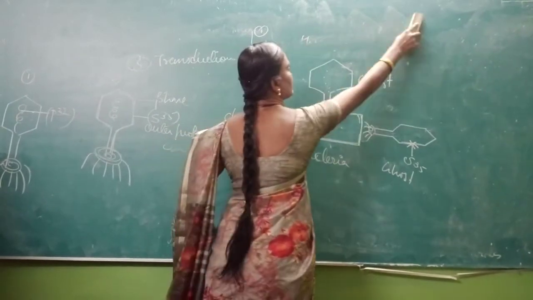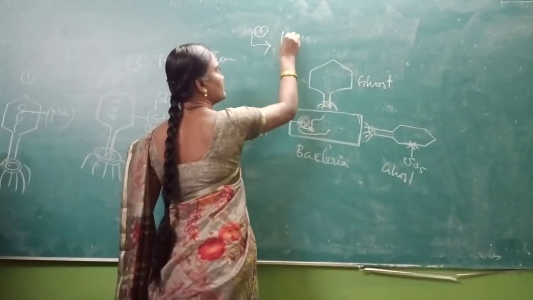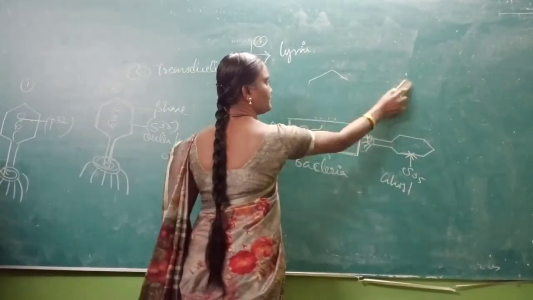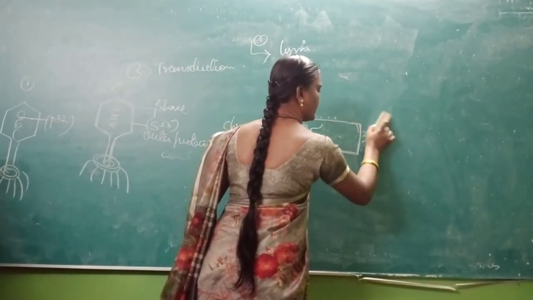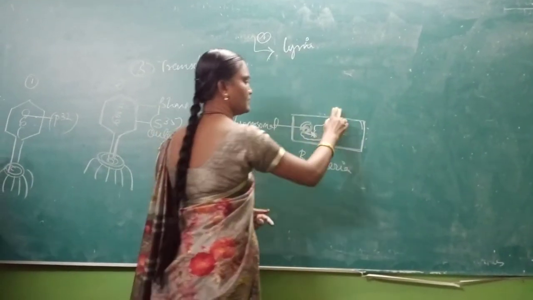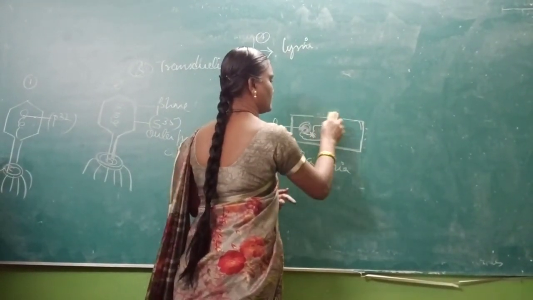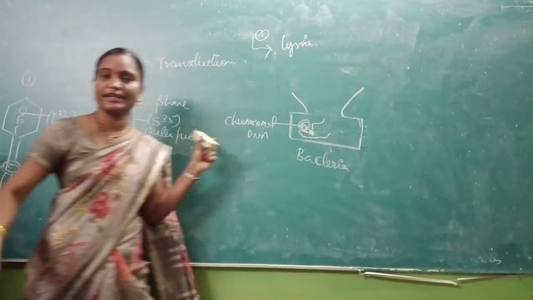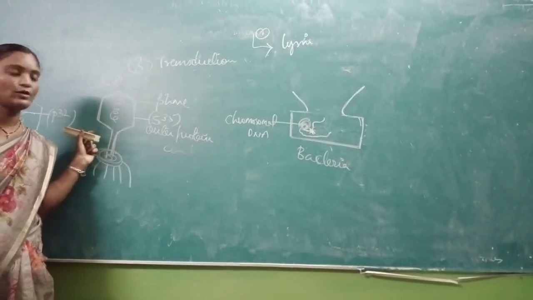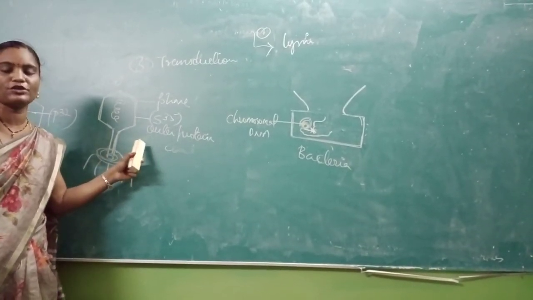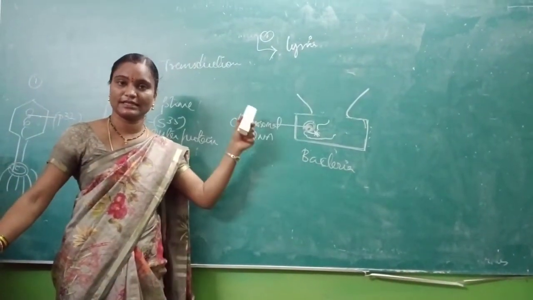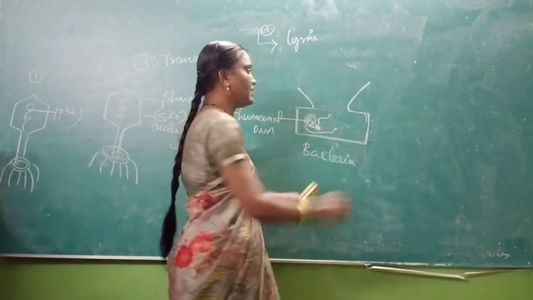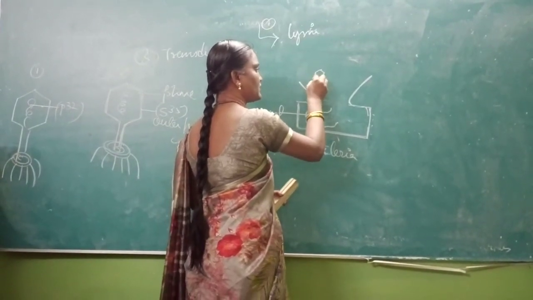Next, lysis. Next in the lysis step, what happens? The phage 1 DNA molecule, the radiolabeled DNA molecule, and the phage 2 normal DNA molecule will get metabolized in the third step, and coming to the fourth step, there is a lysis of the bacterial cell and small bacteriophage molecules are synthesized.